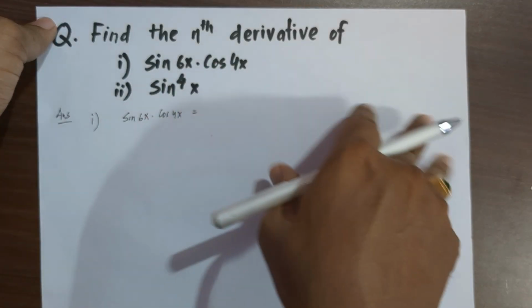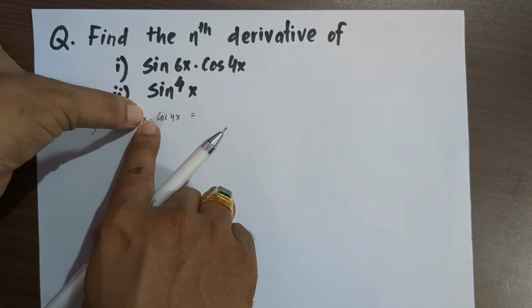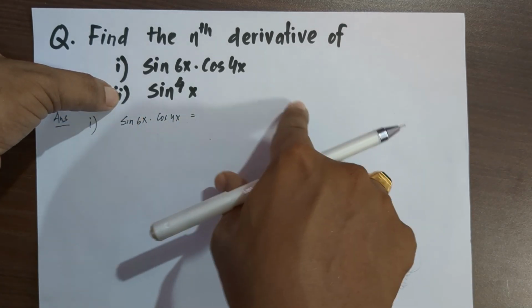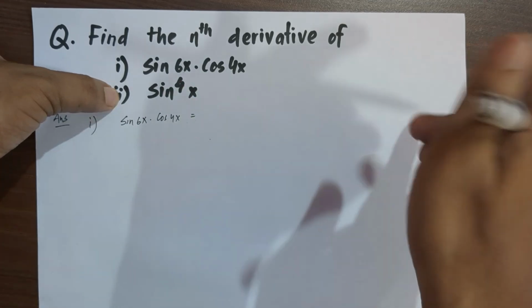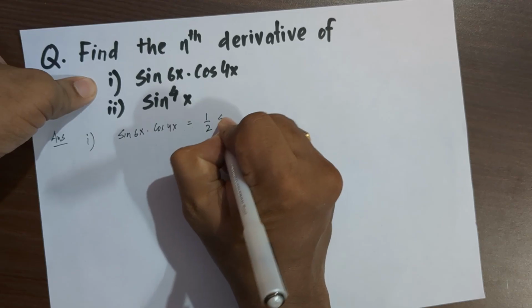And this can be done by using the trigonometry identity, where we have sine of a times cos of b is sine of a plus b plus sine of a minus b, whole divided by 2. So this is 1 over 2.